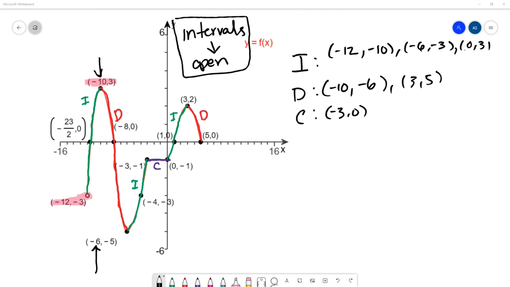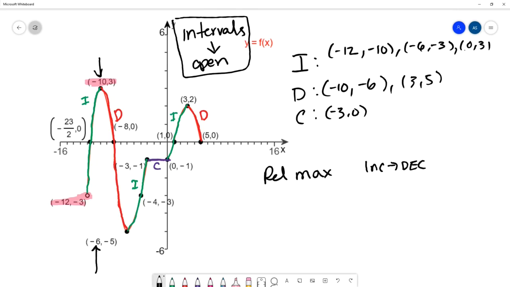So while we're looking at this question, we can also go ahead and state what the relative minimum and maximum would be. In our book, we define relative max as a change from increasing to decreasing.